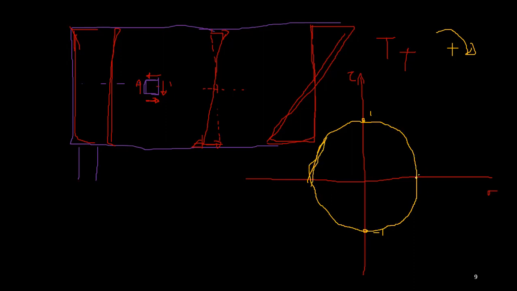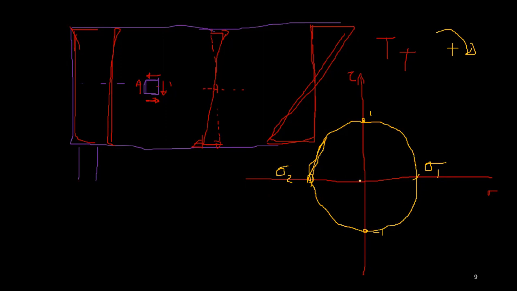This intersecting point sigma 1, sigma 2 are the principal stresses. Can you see when the principal stress is occurring, the shear stress is zero, right? Those are the maximum principal stresses that element suffers, right?